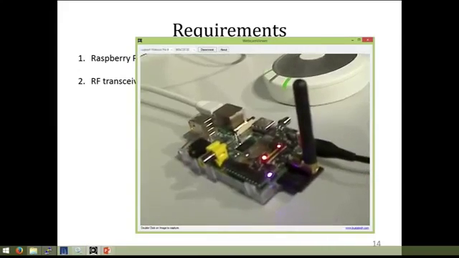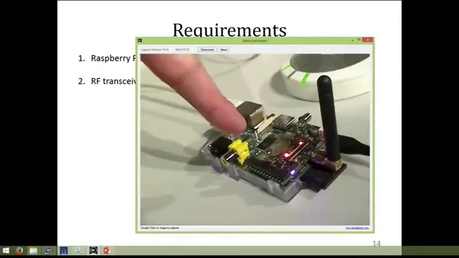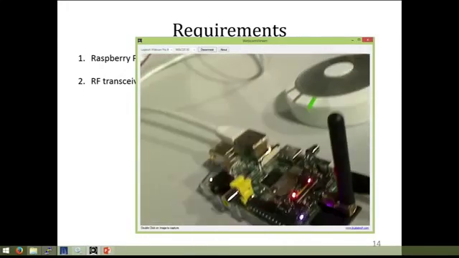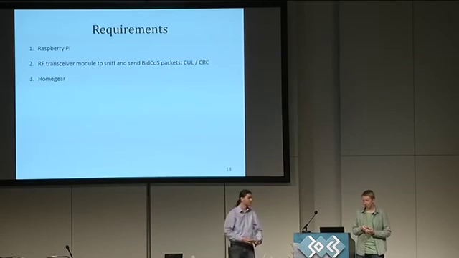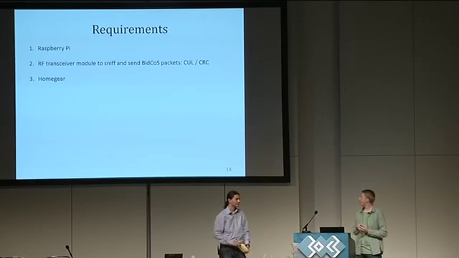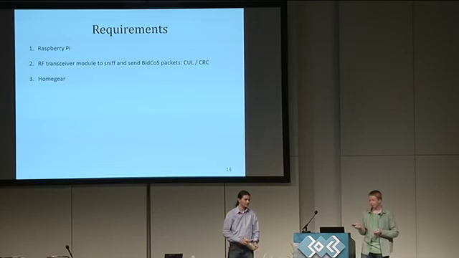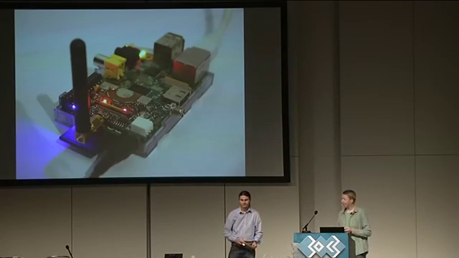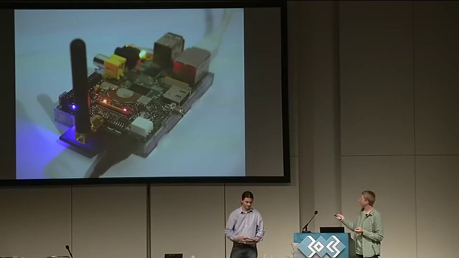This is the CRC on the Raspberry Pi. And third, we need some kind of software to interpret the signals of the wireless transceiver module. And of course, we are using HomeGear. Yeah, that's, again, the CRC. Here it's still named Cox.